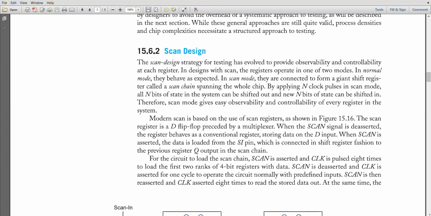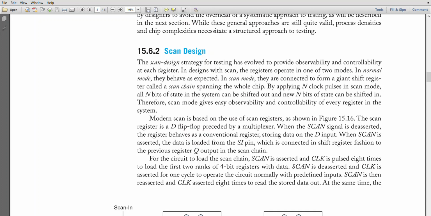Okay, so practically, scan based design is there, ATPG testing is there, then design for testability is there, and then BIST is there. The scan design strategy for testing has evolved to provide observability and controllability at each register. In design with scan, the registers operate in one of two modes.